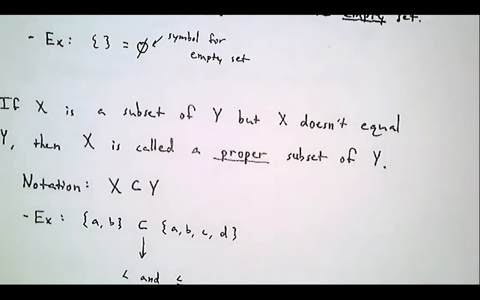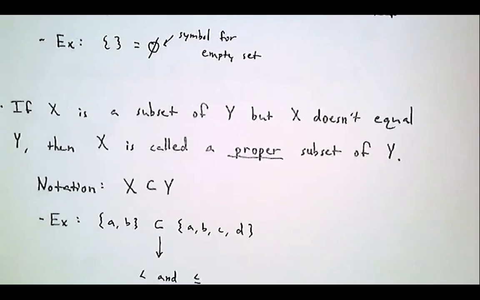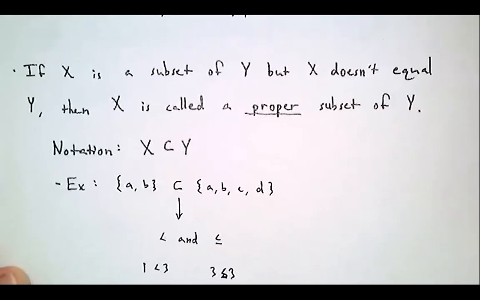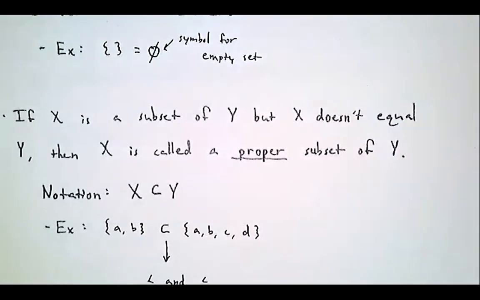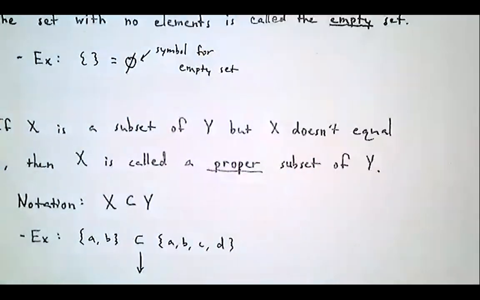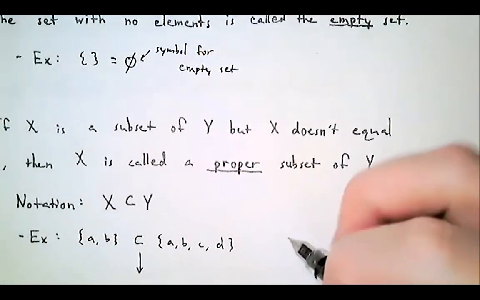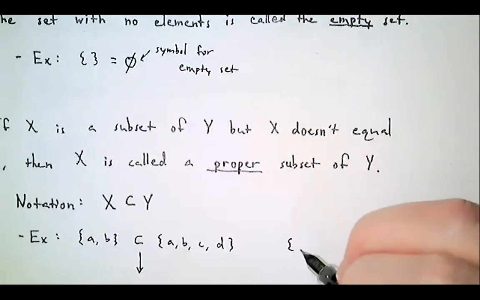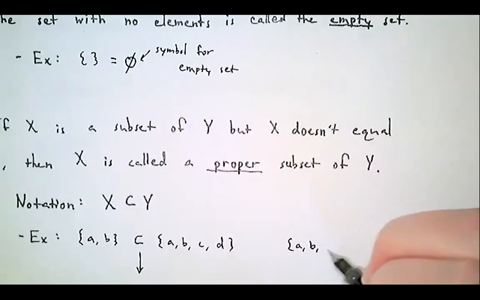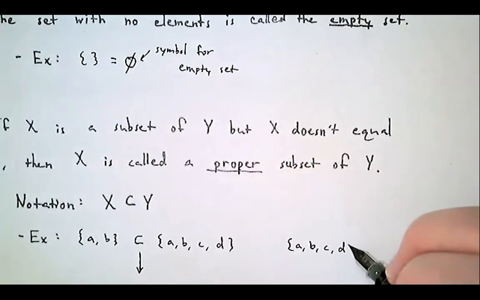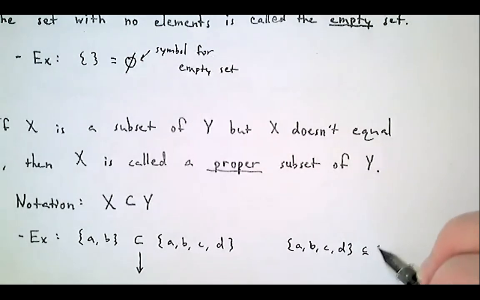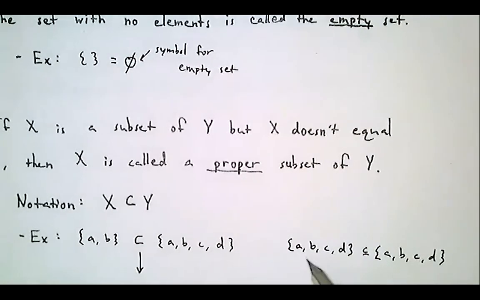Any questions before we move on? What's an example of a subset that's not a proper subset? I'm not sure I fully understand the difference. Yeah. So the easiest way would just be to keep these two sets. So A, B, C, D is a subset of A, B, C, D. And the reason for that is that all the elements over here on the left side are also over here.